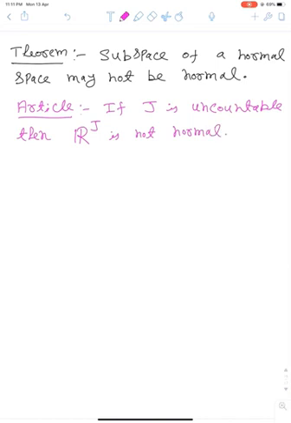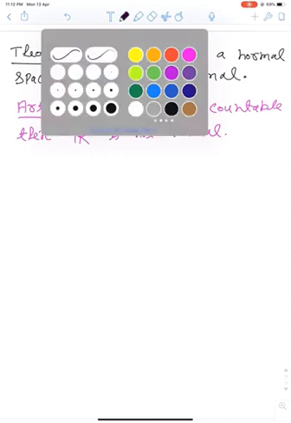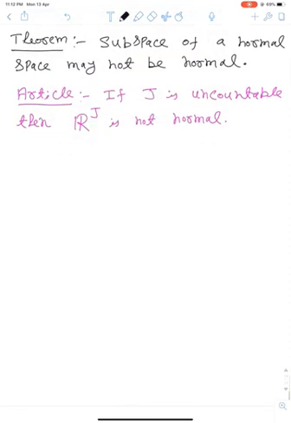Anyway, if you have any interest, you can ask me, then I will give one lecture on this one, that is R^J is not normal. If you have any interest, I can give you the proof as well. It is up to you. Okay, so I will use that result, that R^J is not normal.